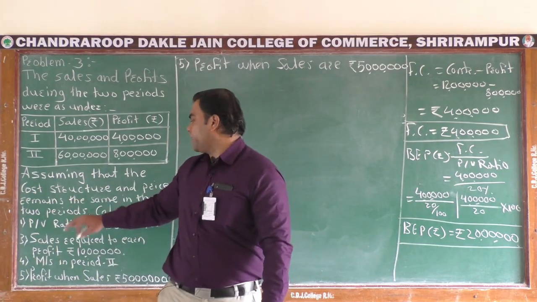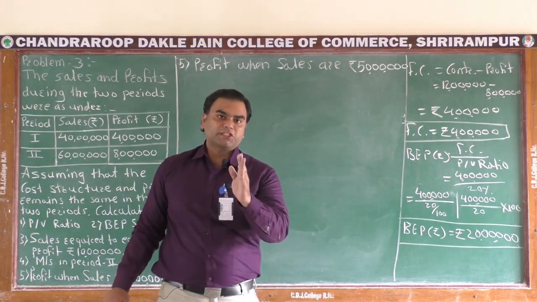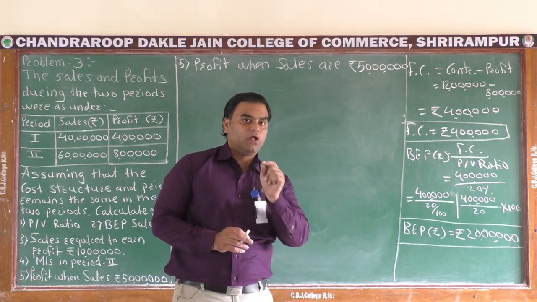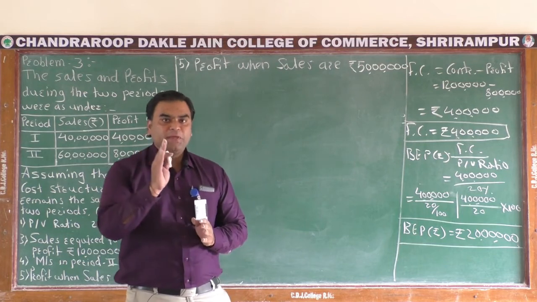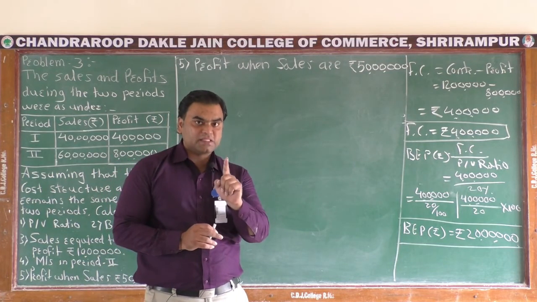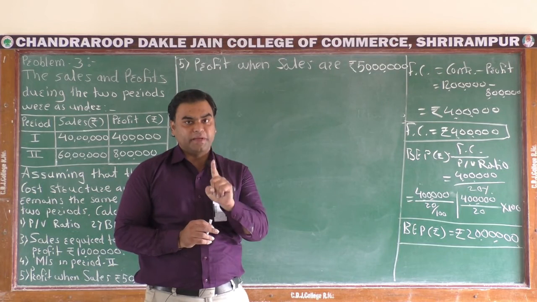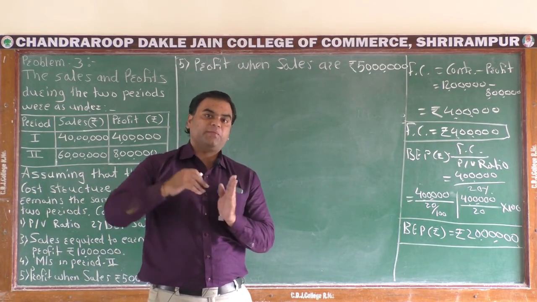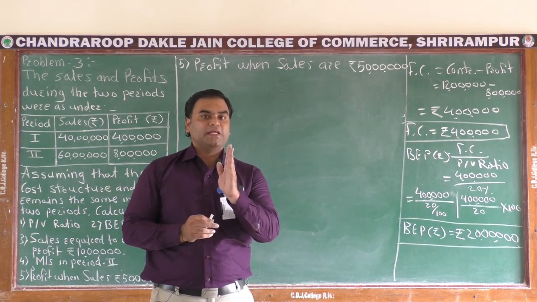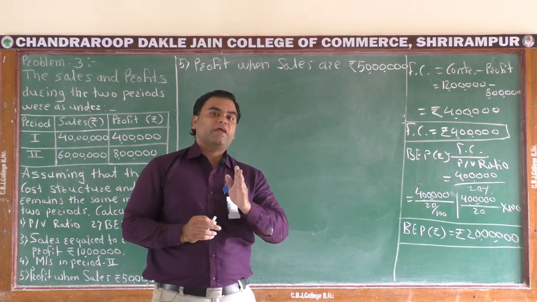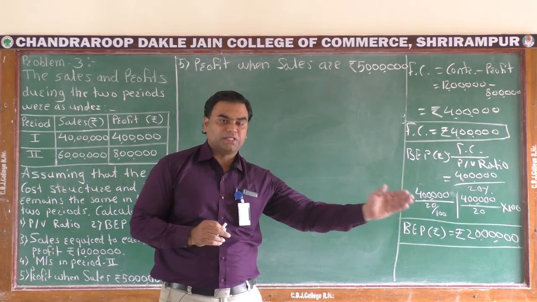First we have calculated PV ratio. PV ratio means profit volume ratio or contribution ratio or contribution to sales ratio. If PV ratio is 20%, it means contribution is 20% of sales. In that way, we can calculate the contribution.